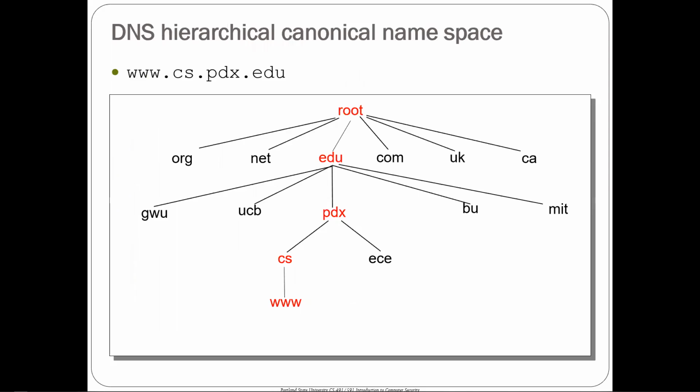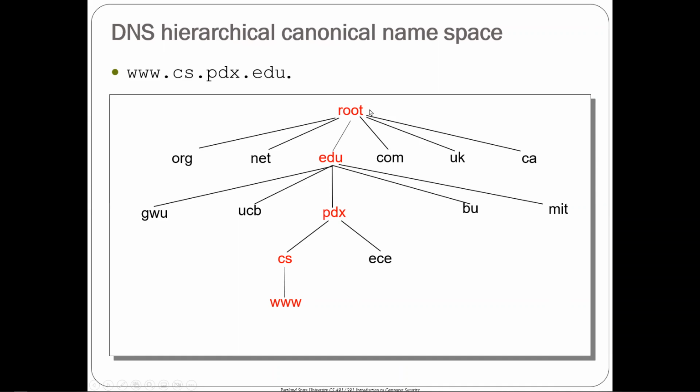Okay, so the DNS canonical namespace is done as a hierarchy. And so this is familiar to you. It's got different subdomains as part of this hierarchy. And this maps from the right to the left to the hierarchy of servers that will be used to resolve these domains. And so it starts at the root, and actually there's an implicit dot at the end of this name that you see here that people omit. But really, this specifies the root.